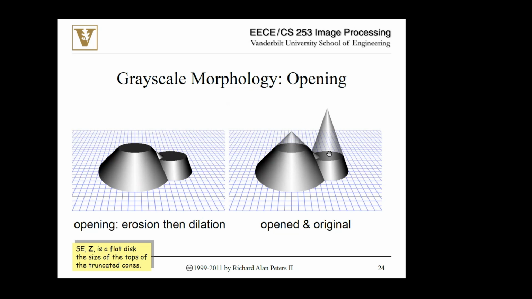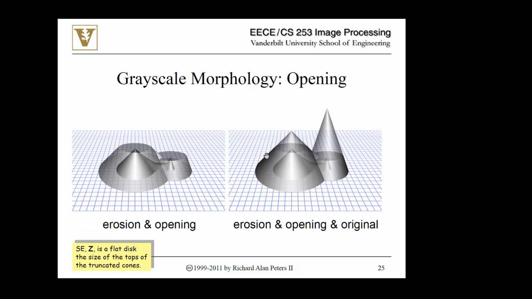It is contained in the original image. And it's contained in the sense that we have defined today. The support of the opening is within the support of the original, and the intensity of the opening is also related to the intensity of the original.